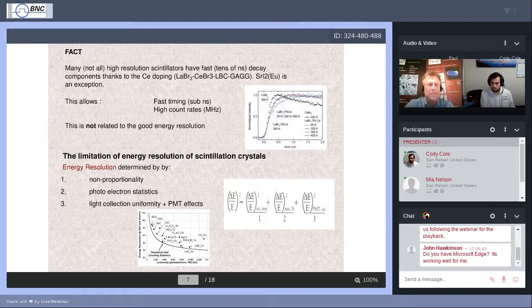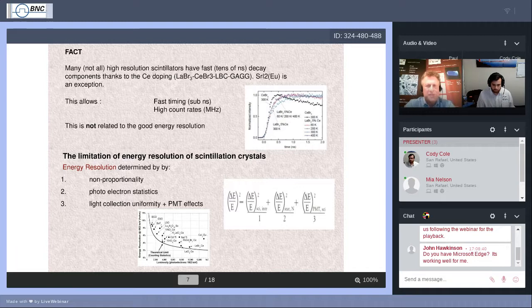We'll come to that later. But fast decay times mean you can do fast timing. And if there's only a fast component, you can run the detector at very high count rates of the order of a megahertz. In the graph to the right, you see the rise time of different materials, cerium bromide and lanthanum bromide. You see there that cerium bromide has an extremely fast rise time. This allows you to use cerium bromide for fast timing applications.